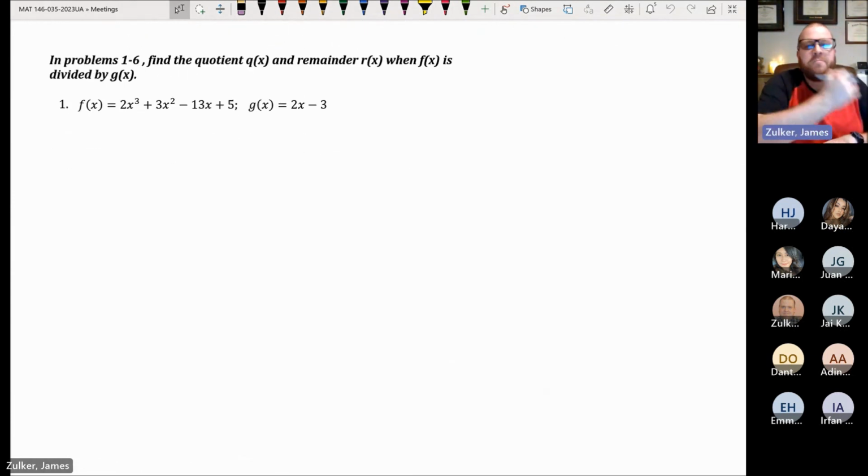All right, so what we will do for this first set of 6 problems is find the quotient and remainder when f is divided by g.